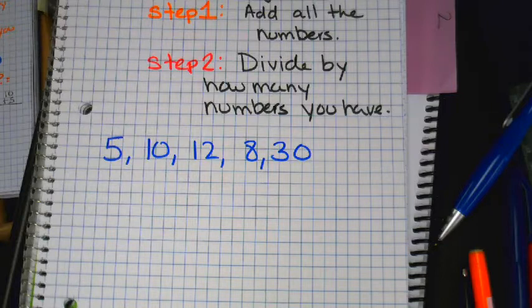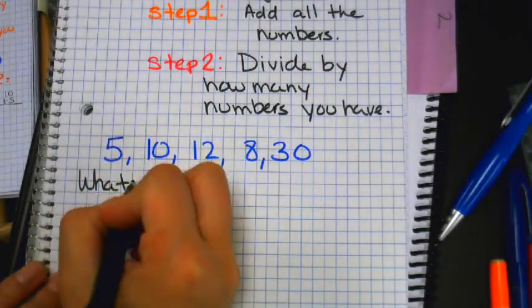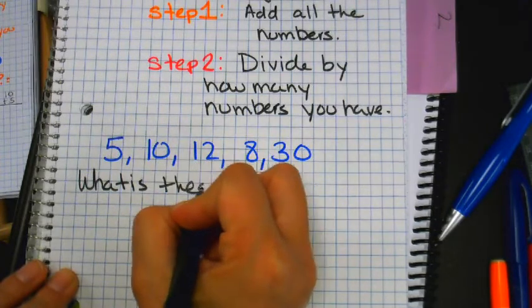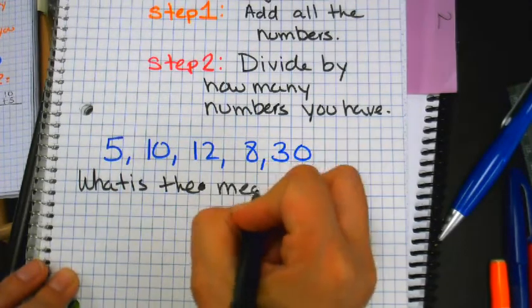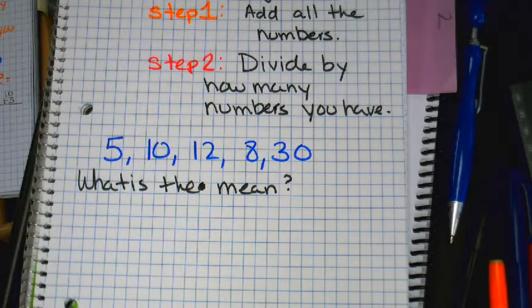We're good? Okay. So the question is, what is the mean? That's the question you're going to get on the test or on the do now. What is the mean? All right.